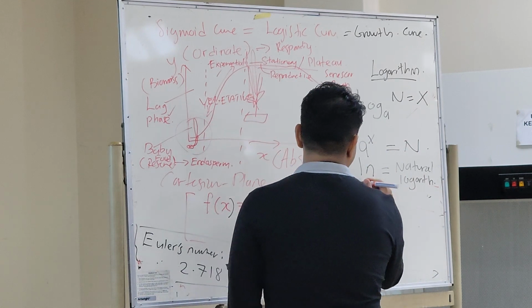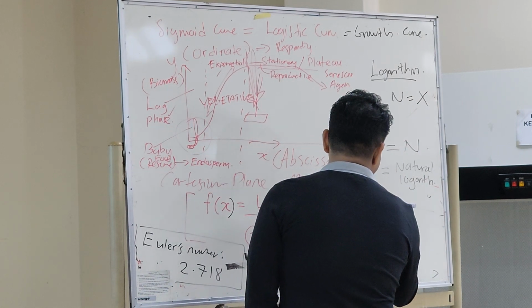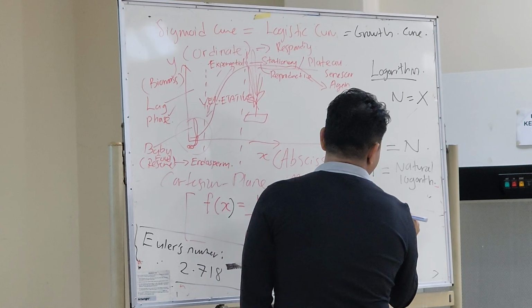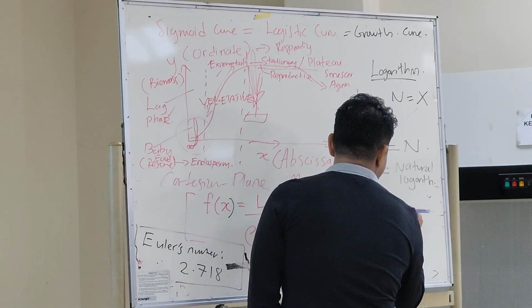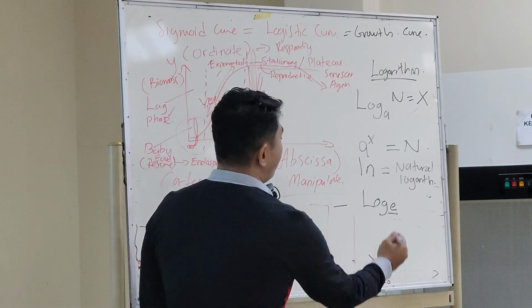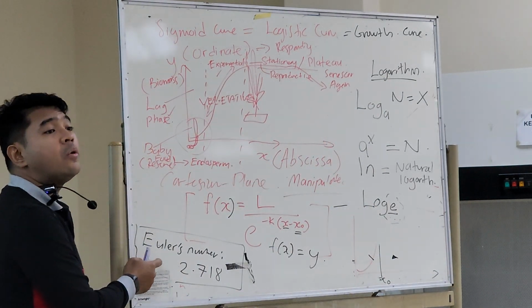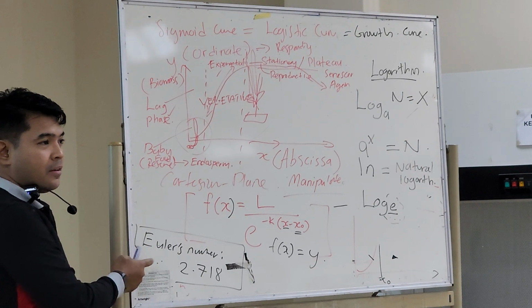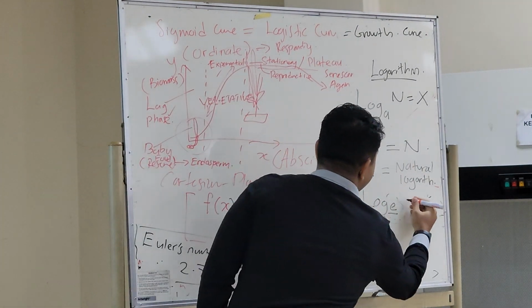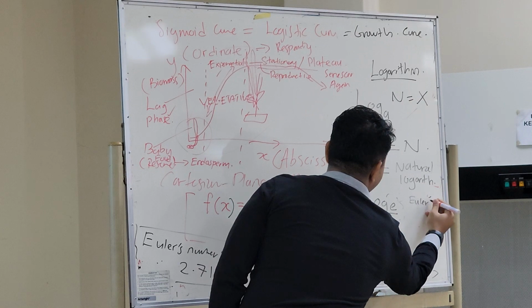It means this is the form log to the base e. And what is e? This thing, Euler's number. So the e here is Euler's number.